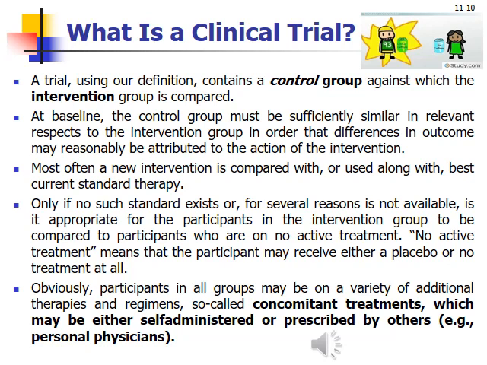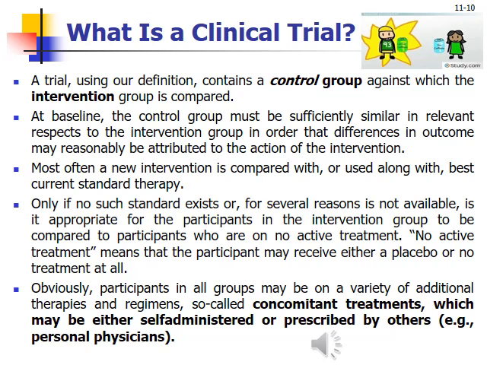Only if no such standard exists or for several reasons is not available, is it appropriate for the participants in the intervention group to be compared to participants who are on no active treatment. No active treatment means that the participant may receive either a placebo or no treatment at all.